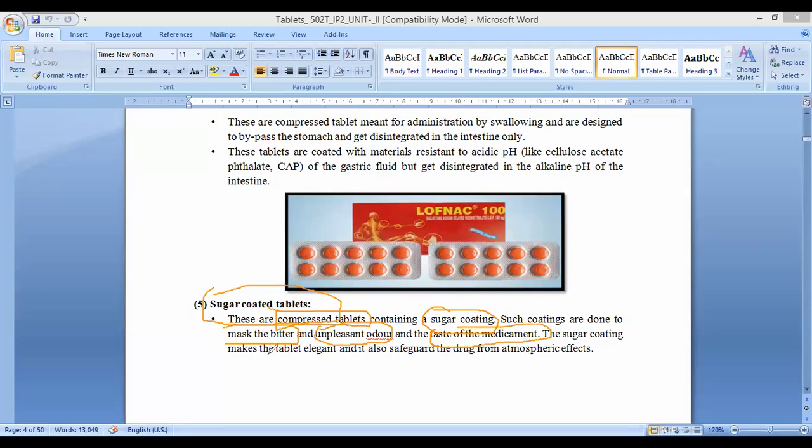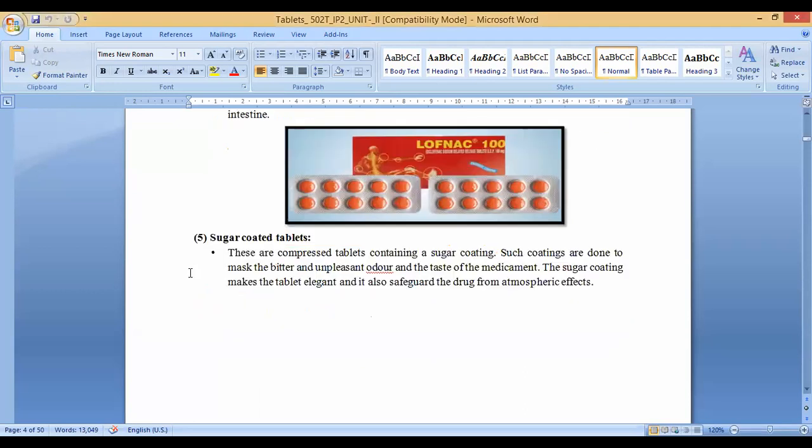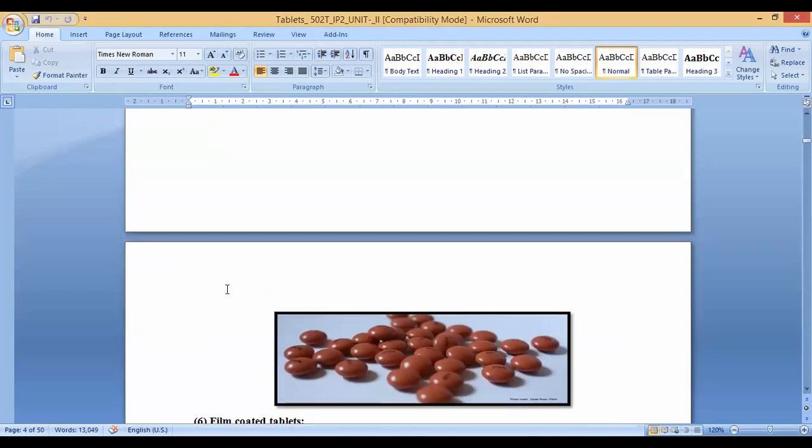The sugar coating masks the tablet, makes the tablet elegant and also safeguards the drug from atmospheric effects. And you can see in this picture how elegant the sugar coated tablets look. They have a very nice shine present on them.